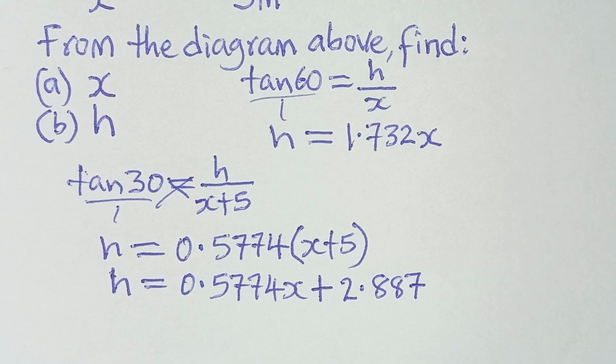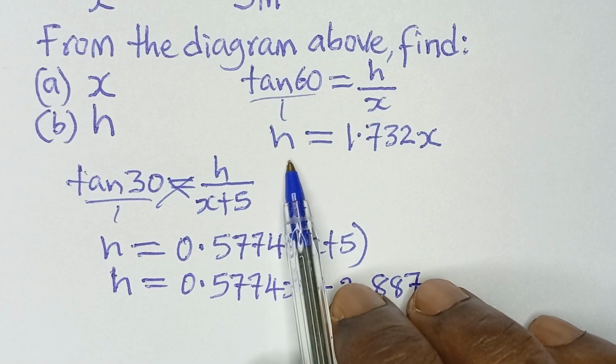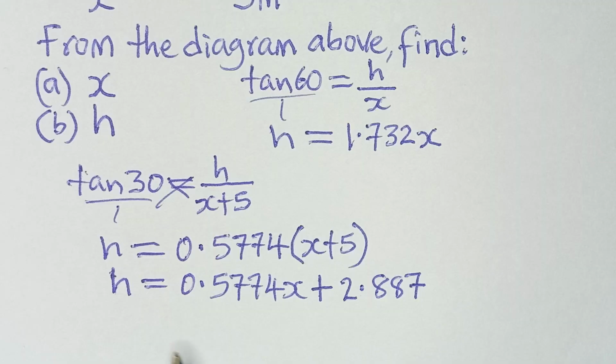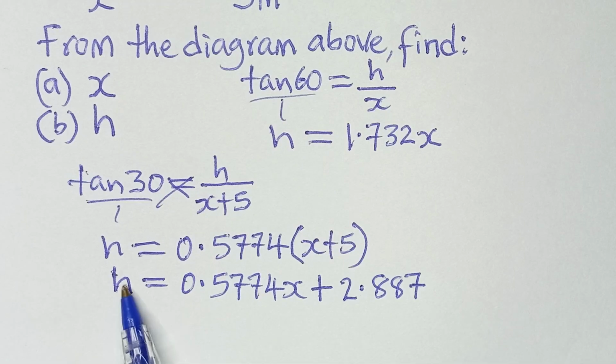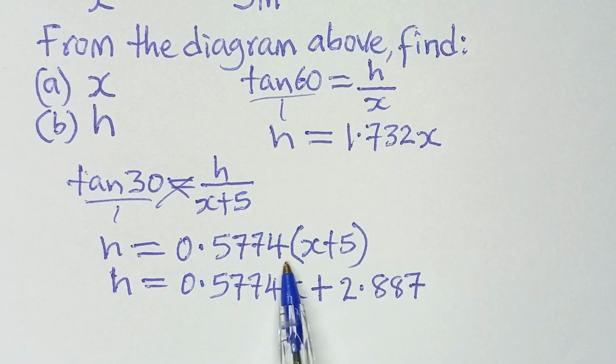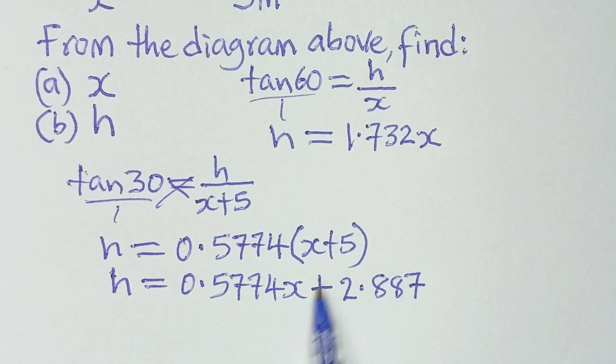Now you agree with me that h here from the smaller triangle is 1.732x. And again, h from this larger triangle is this value here. So since the two parts here are h, this is h and this is h, it means that this part is equal to this part because they are both h.